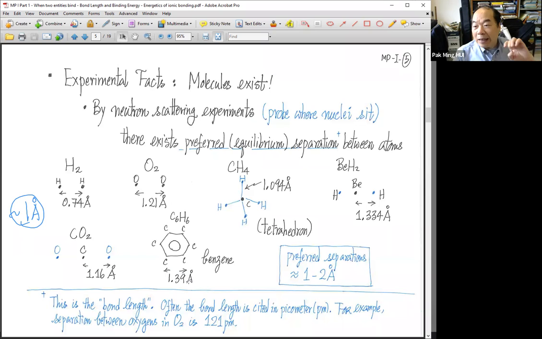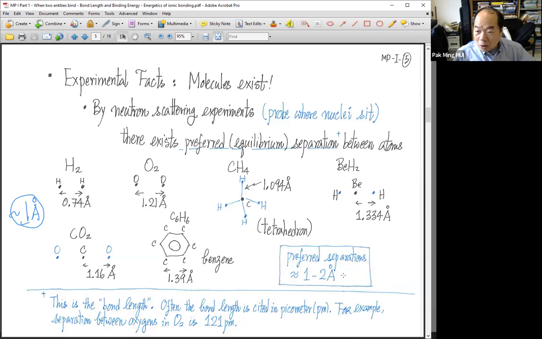Now, the exact numbers are not important. The important thing is to have this big picture with you. Bond lengths or preferred separations between 2 nuclei are always in the ballpark of 1 to 2 angstroms. Take this with you, all right?